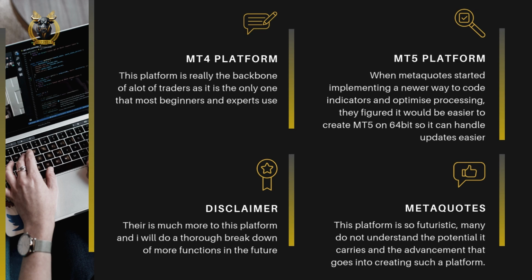But now seeing that there's a lot of coders, a lot of different types of market analysts, fundamentalists, those people might prefer MT5. So when MetaQuotes started implementing a newer way to code indicators and optimize processing, they figured it would be much easier to create MT5 on 64-bit so it can handle updates easier than it is on 32-bit, which is MT4.